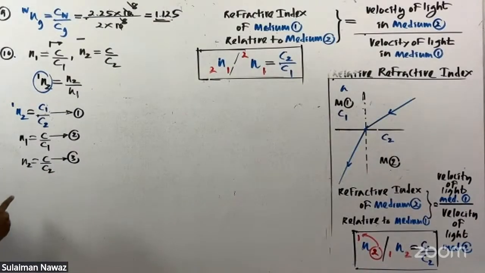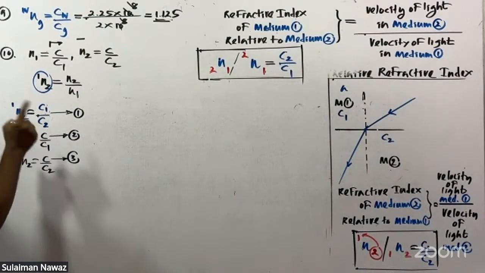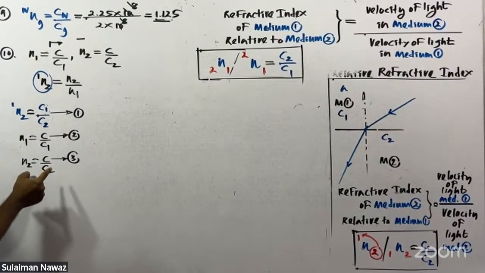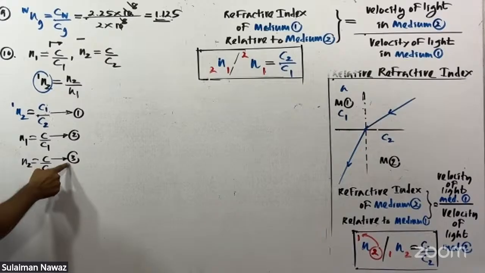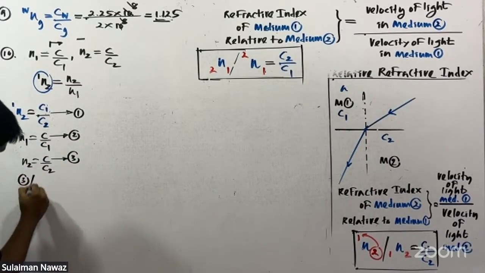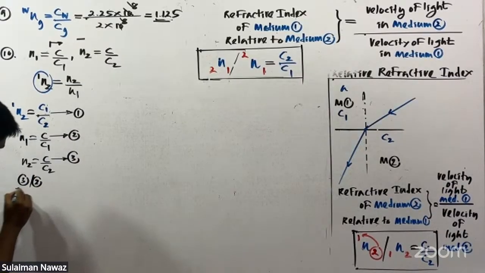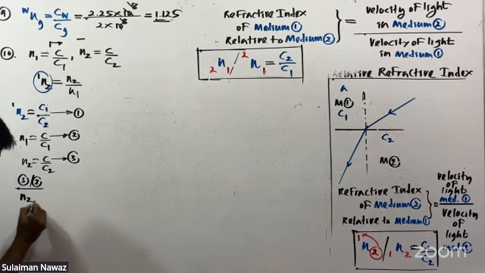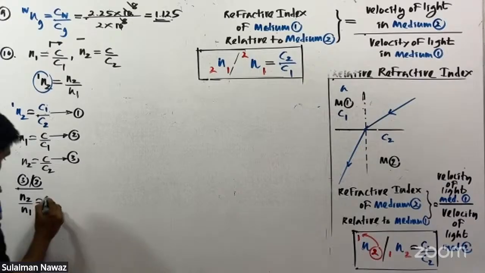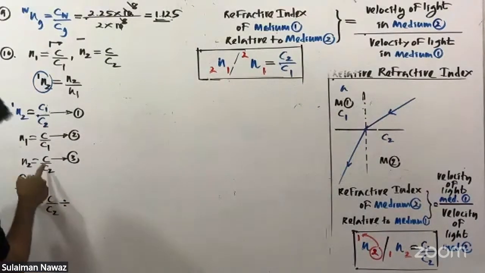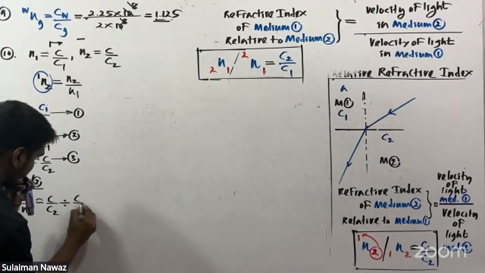In order to create the C1 to C2 ratio, I thought of dividing equation 3 by equation 2. If I do that, I can write equation 3 over 2: N2 over N1 must be equal to C over C2 divided by C over C1.